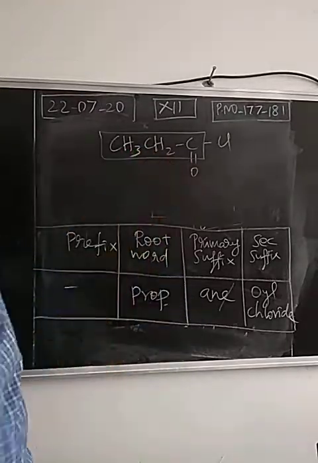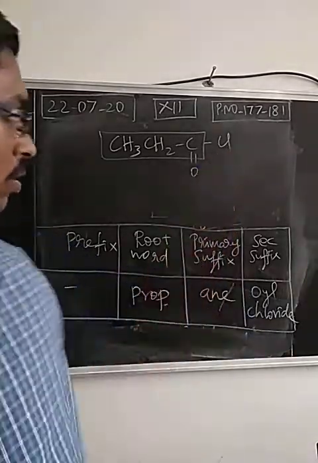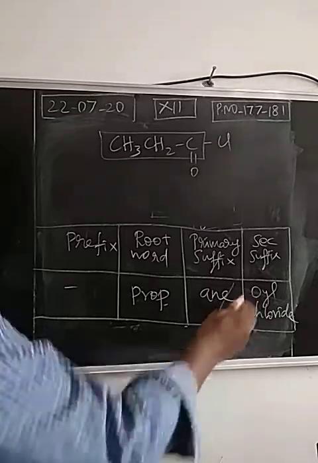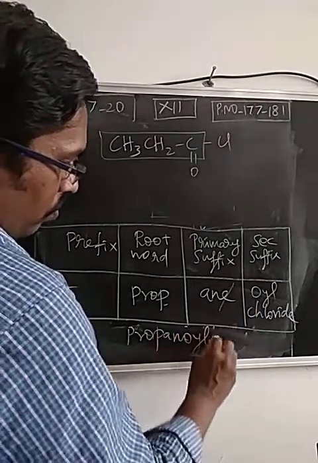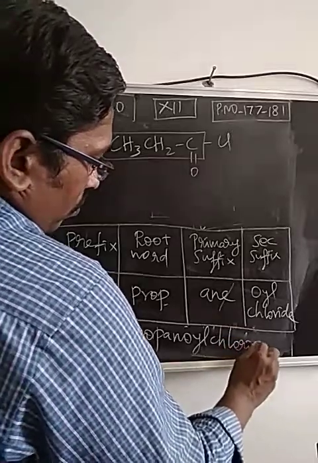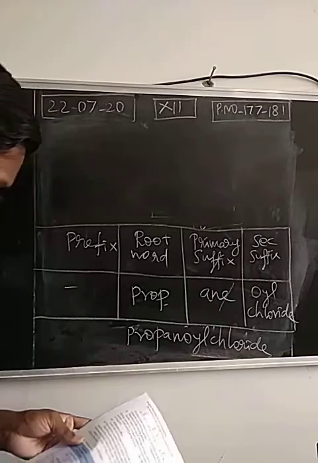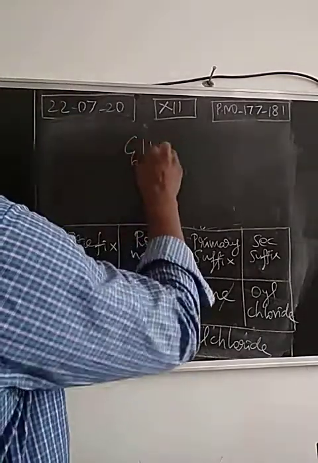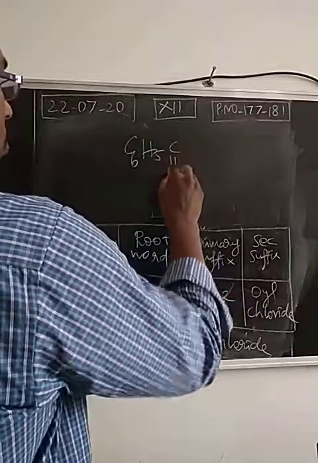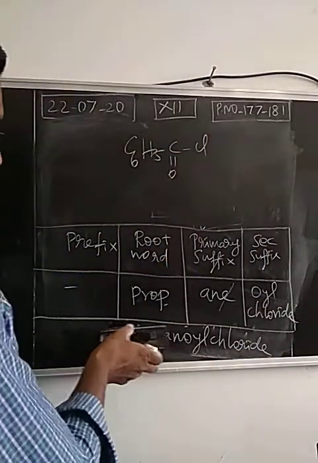Only single bond exists between the carbon atoms, primary suffix ane, and chlorine, so this is oyl chloride. So this is propanoyl chloride. So this is the second member. What is the third member? So this is the third member.